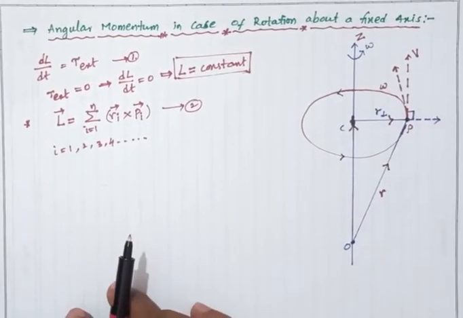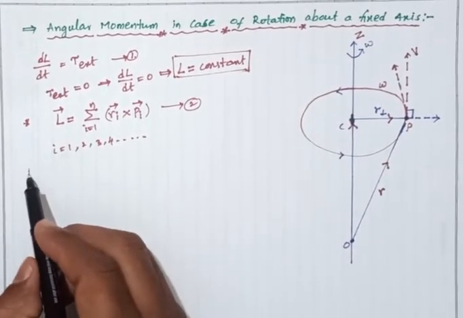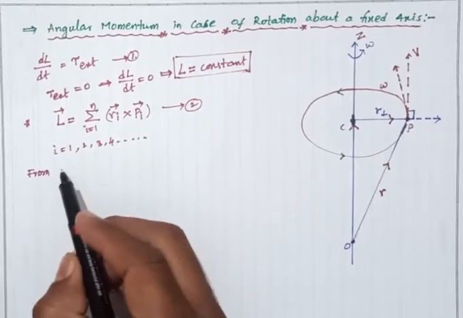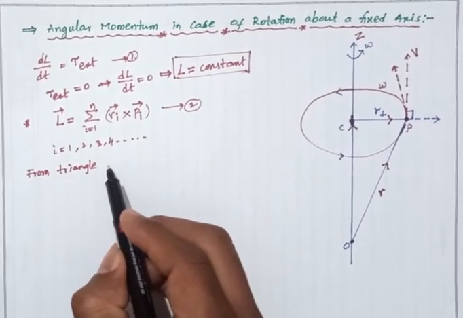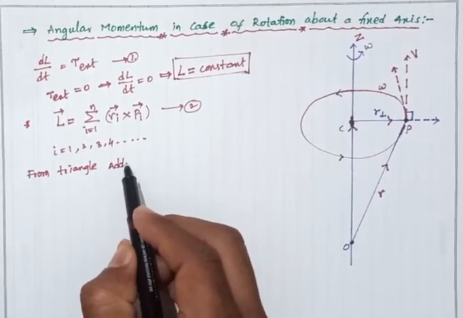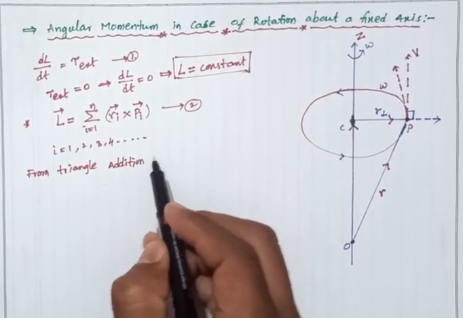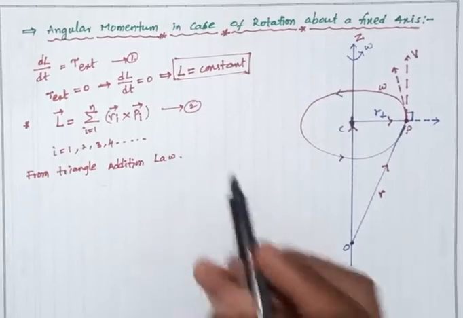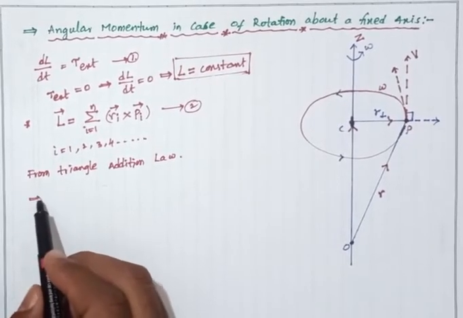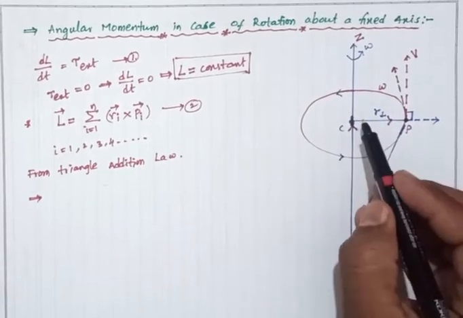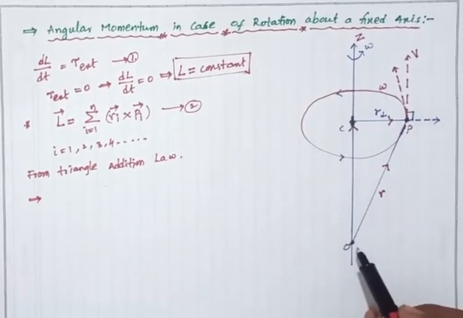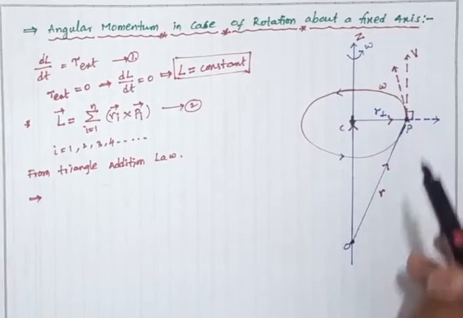According to the triangle addition law, vector OC plus vector CP equals vector OP.